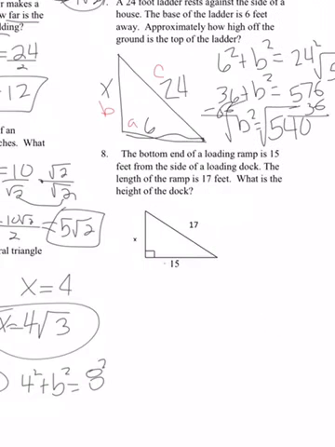All right, let's finish off this front page. The bottom end of a loading ramp is 15 feet from the side of a loading dock. The length of the ramp is 17. What is the height? So again, pretty straightforward Pythagorean theorem. So 15 squared plus b squared equals 17 squared. 225 plus b squared equals 289, I believe.